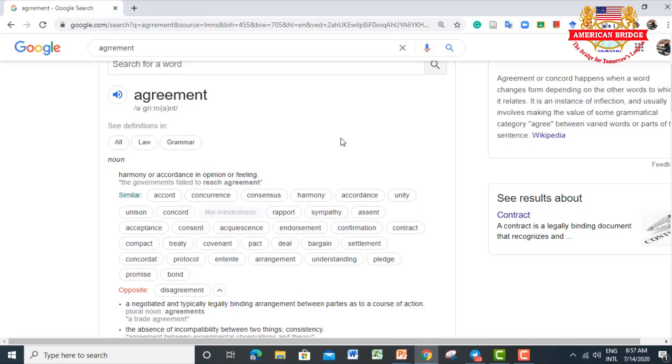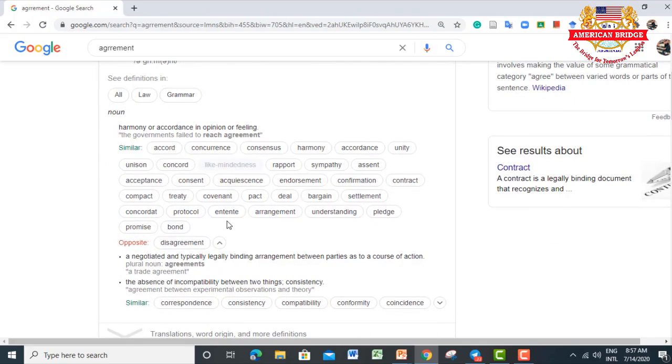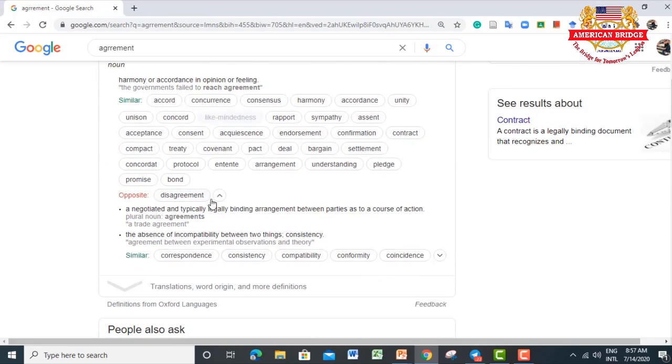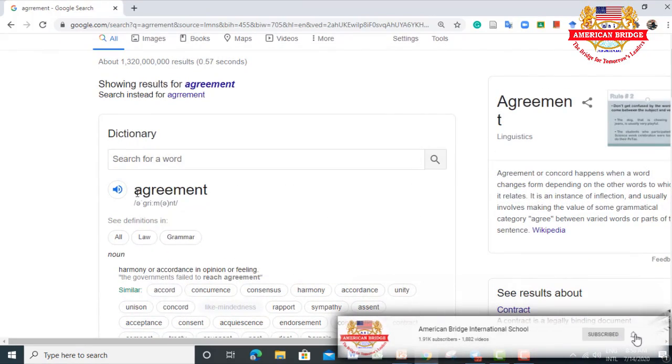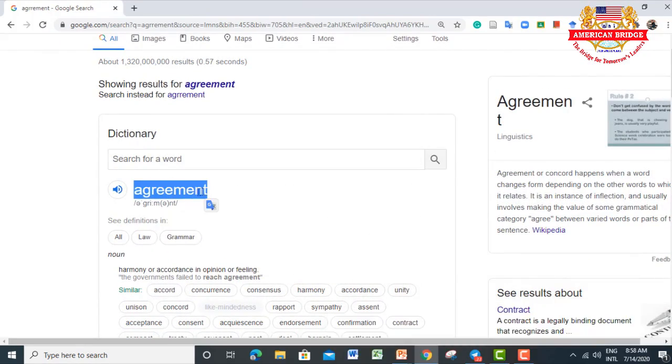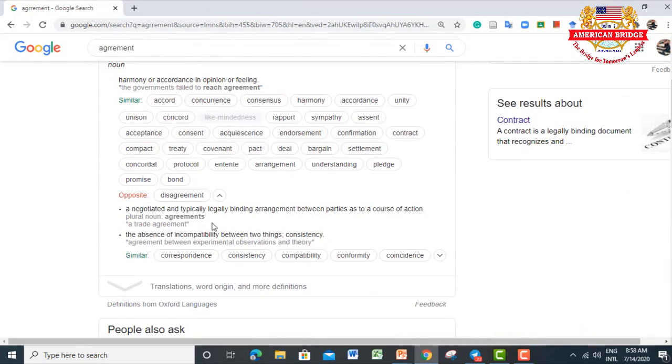And when you want to improve your vocabulary, don't forget to look at the synonyms of each vocabulary word. And those also give you some antonyms, the opposite meaning, like agreement to disagreement. So you don't need to use the word not here. You can also use the prefix like this to make it negative as well.